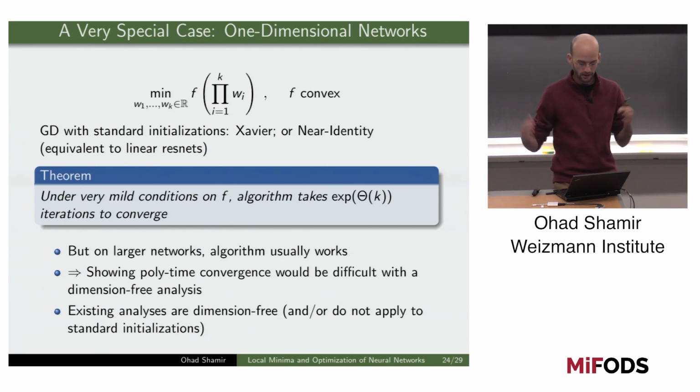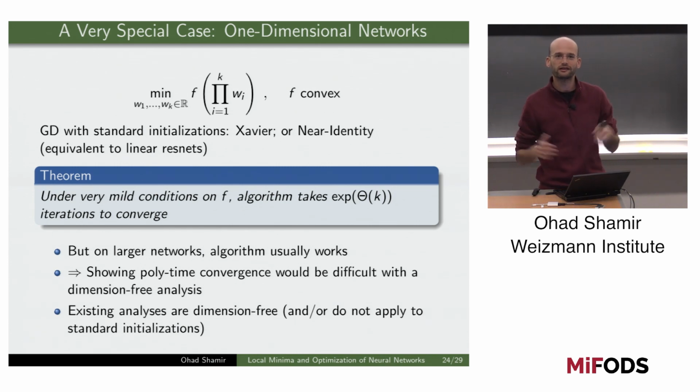They all are dimension-free and work for matrices of any size, or do not apply to standard initialization. So, if you want to show a positive result for linear networks, either you need to explicitly use the width being larger than 1, or you won't be able to get something better than exponential in the depth.